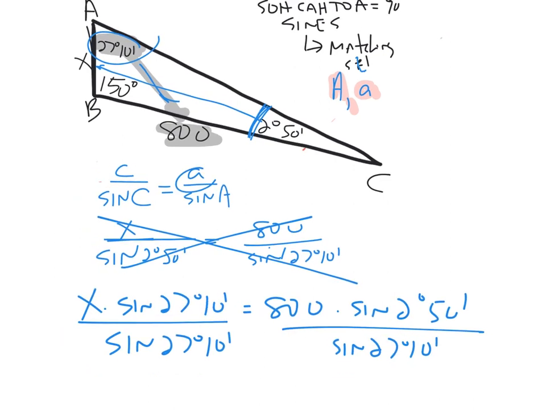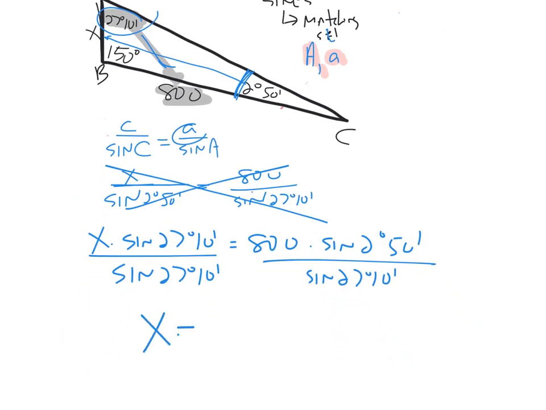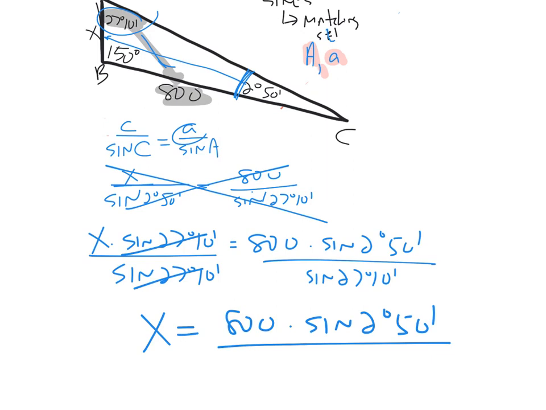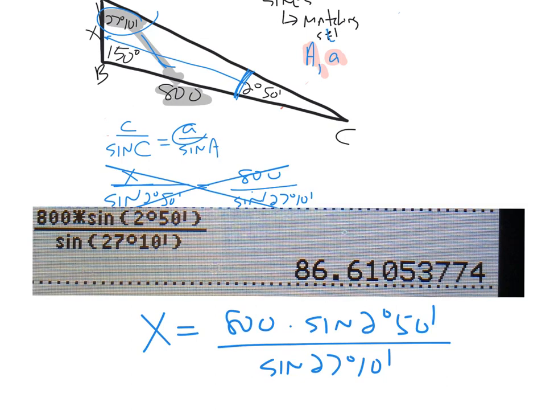So here to figure out the height of that flagpole, which wasn't a straight 1, 2, 3 solution, I'm going to do on my calculator 800 times the sine of 2 degrees 50 minutes over the sine of 27 degrees 10 minutes. So here the height of the flagpole is going to be 86.6 feet.